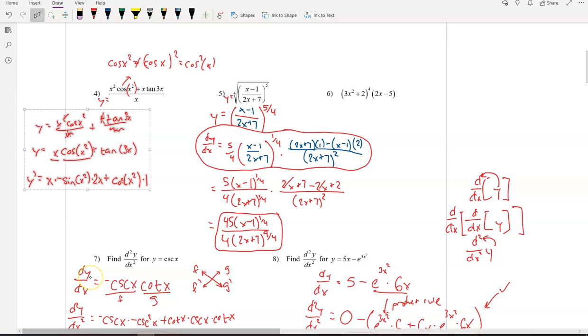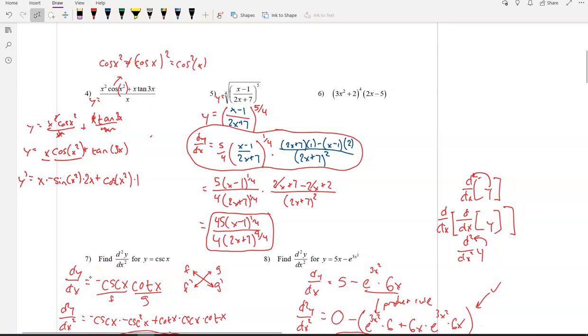And what is the derivative of the tangent of 3x? Well, what's the derivative of tangent? What is the derivative of tangent? It is secant squared.